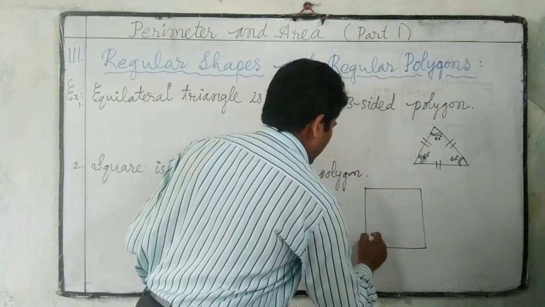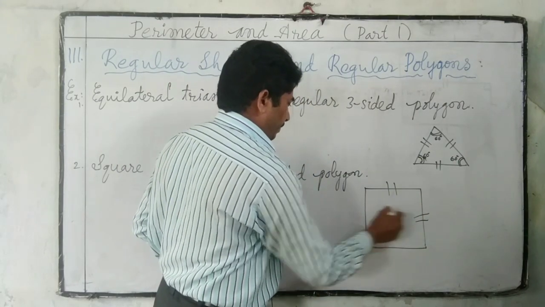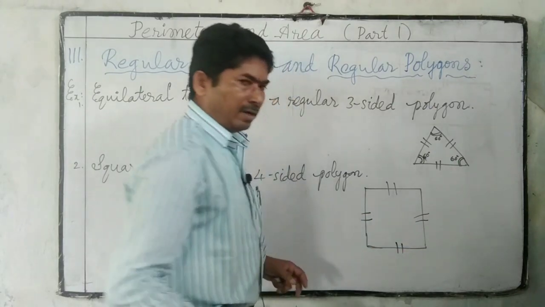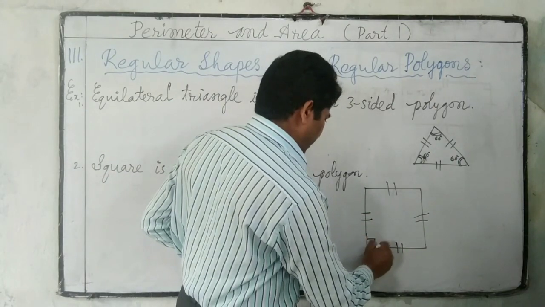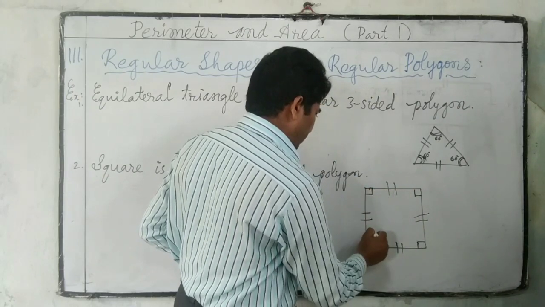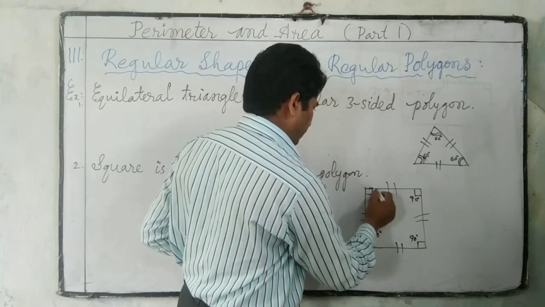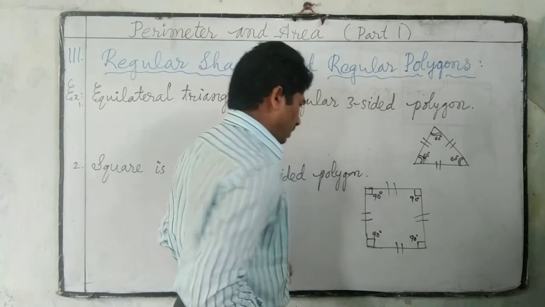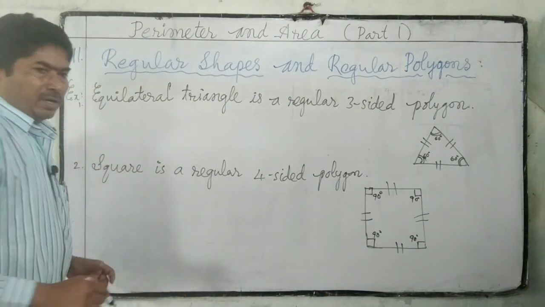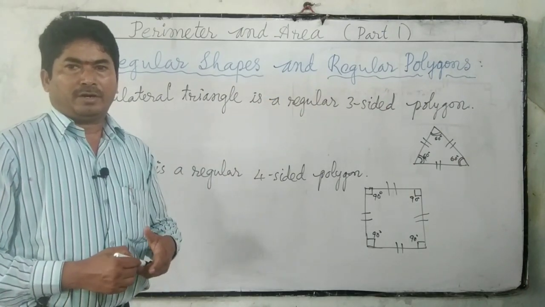In this square, all sides are equal and all angles are also equal, and each and every angle is 90 degrees. So these two are examples of regular polygons.